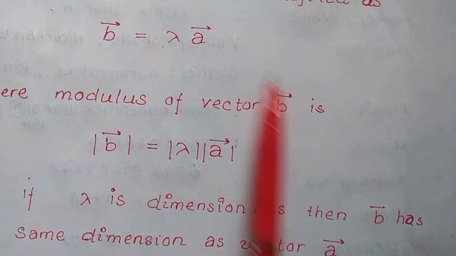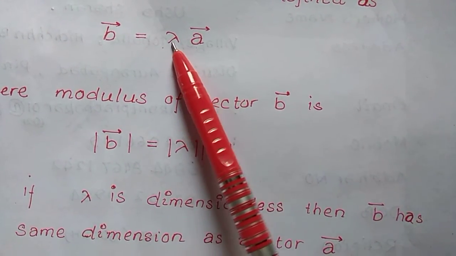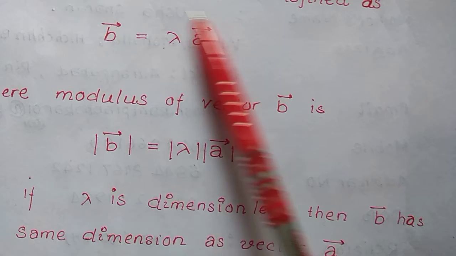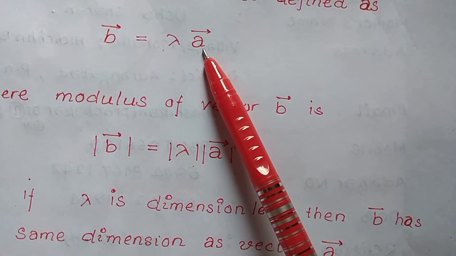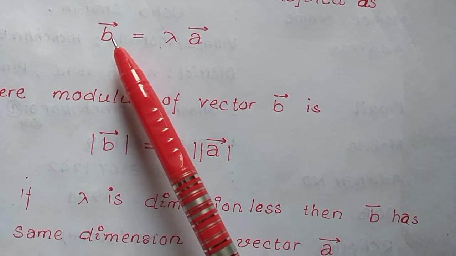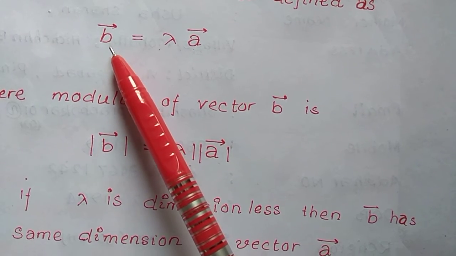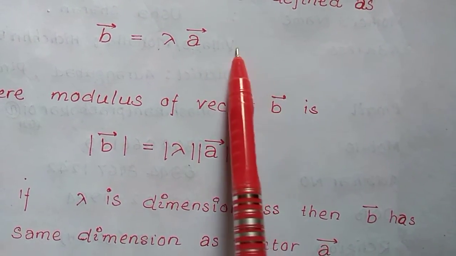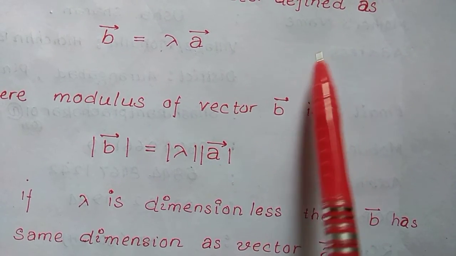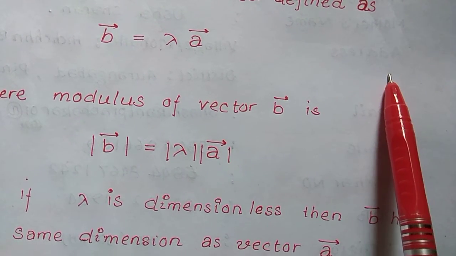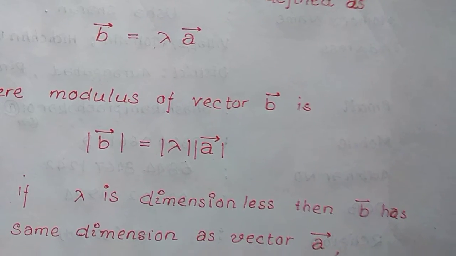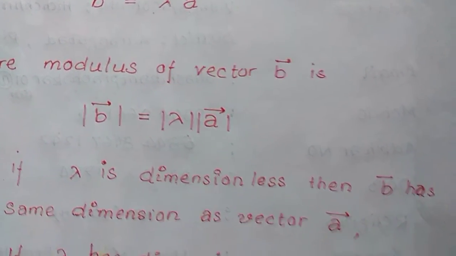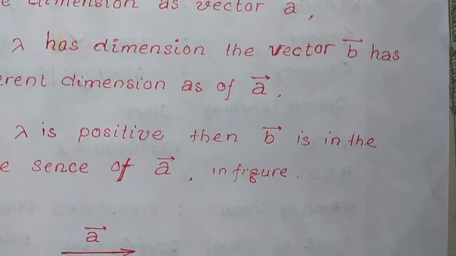Now if lambda is positive, then vector B is in the same sense as vector A. That is, if vector A is pointing in this direction, B is also in this direction, like this.